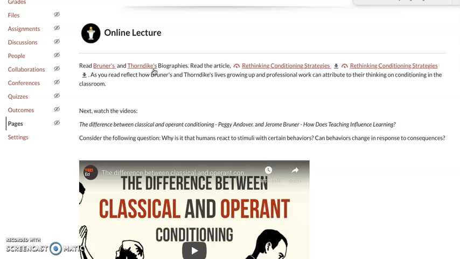So we're going to understand a little bit better about Bruner and Thorndike, and then we're going to read the article Rethinking Conditioning Strategies. As you read this, think: how can what I know about these two theorists change or better apply to some of their theories?